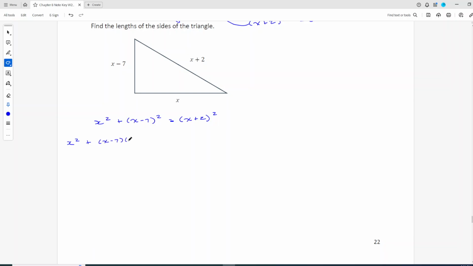When in doubt, I seriously, putting this step in of the x minus 7 times x minus 7, take the time, do it. I see this mistake all the time. So I've distributed, now I'm going to collect like terms.